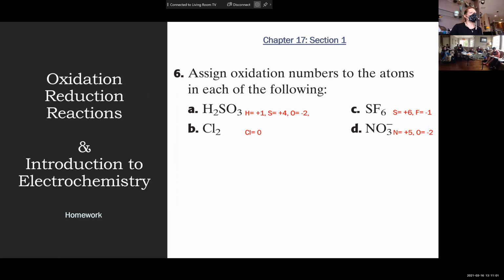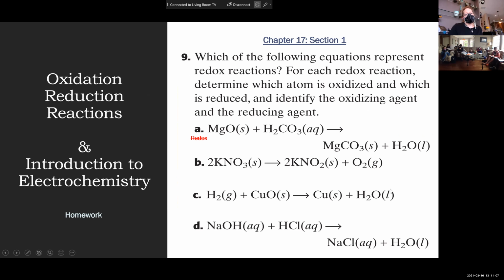So our next question: which of the following equations represent redox reactions? And then for each reaction, determine which atom is oxidized, which is reduced. So B and C are redox, and A and D are not redox. So here's your redox.